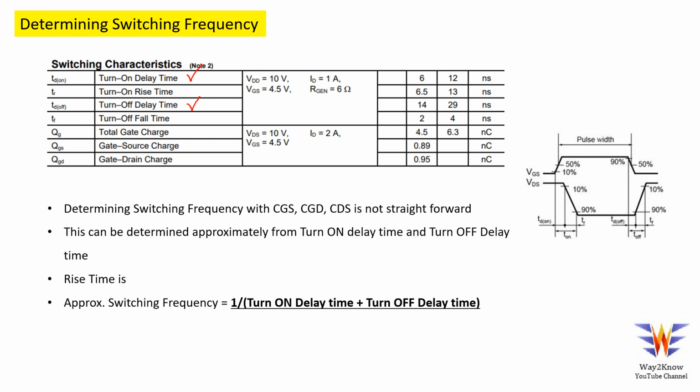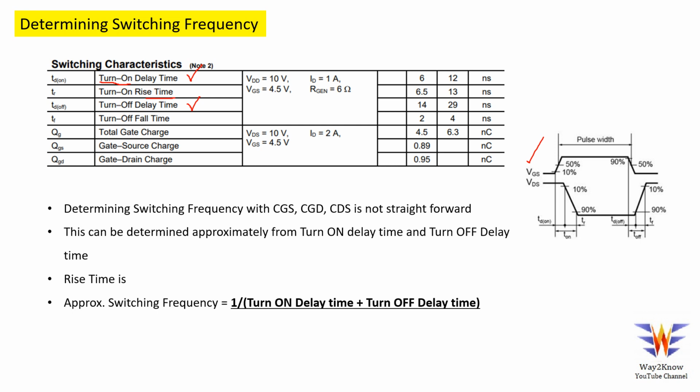Why we aren't considering rise time here: for example, this is a waveform which shows the variation of VDS with respect to VGS. The definition of actual turn on time is the time from when the gate voltage reaches 10%, that is the charging of the gate capacitance, until VDS has gone to 90% of its maximum value.